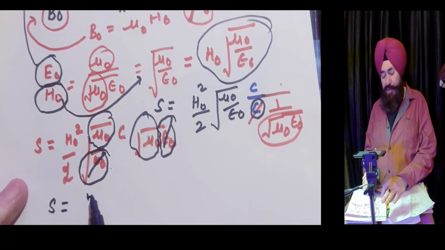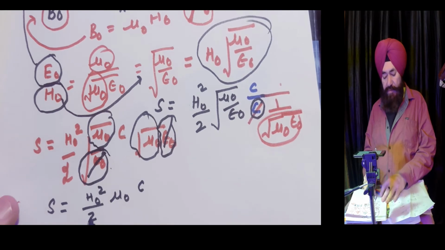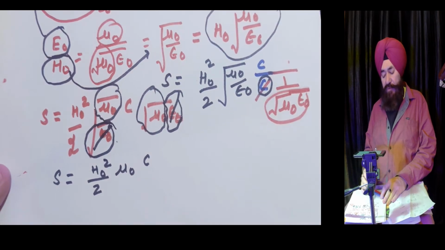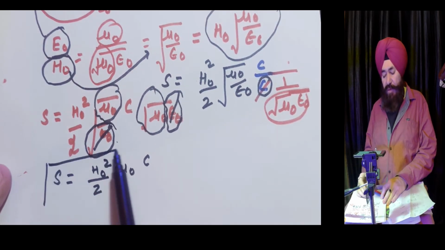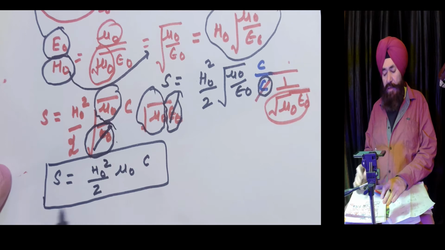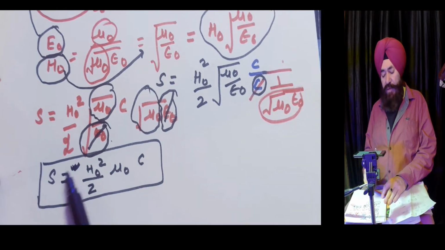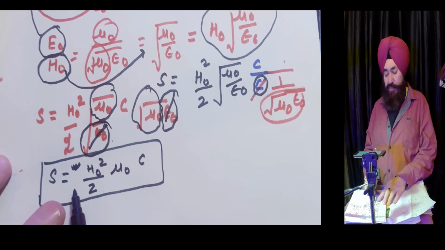So it becomes H naught square by 2, then mu naught and C. This is the value of average value of Poynting vector in terms of magnetic field.